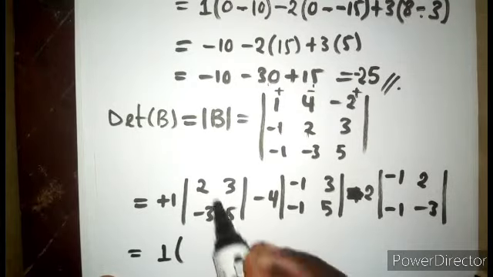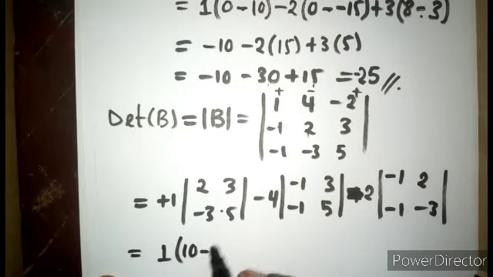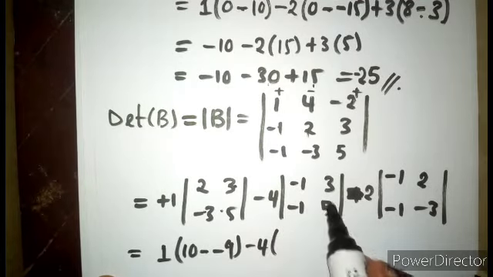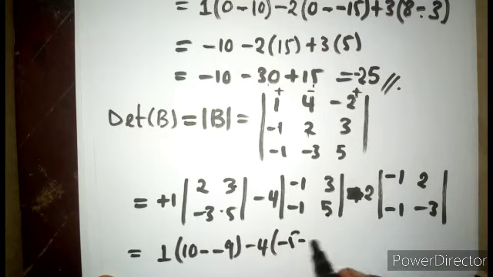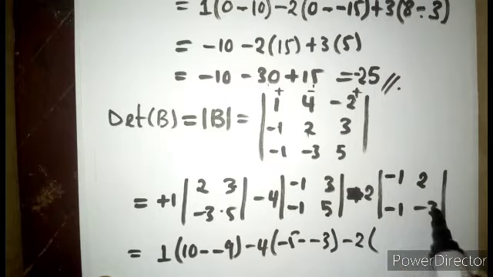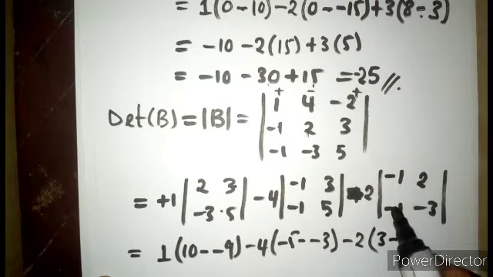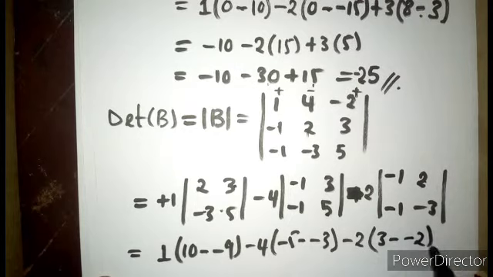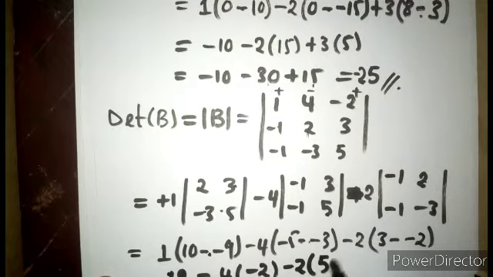So we have 1 into 2 times 5, 10, minus 3 times minus 3, which is plus 9, so 19. Minus 4 into minus 1 times 5, that's minus 5, minus 1 times 3, that's minus 3, so minus 2. Minus 2 into minus 1 times minus 3, that's 3, minus 1 times 2, that's minus 2, so 5.